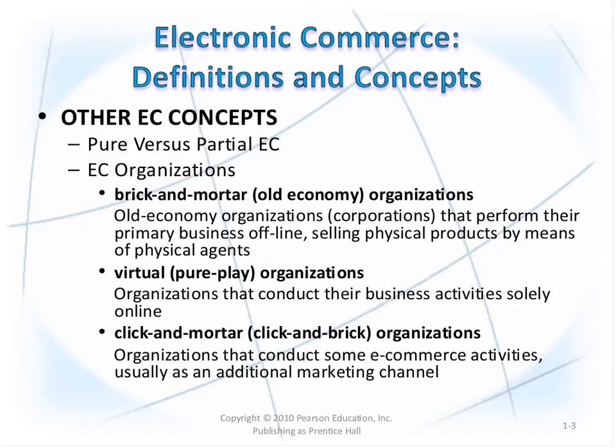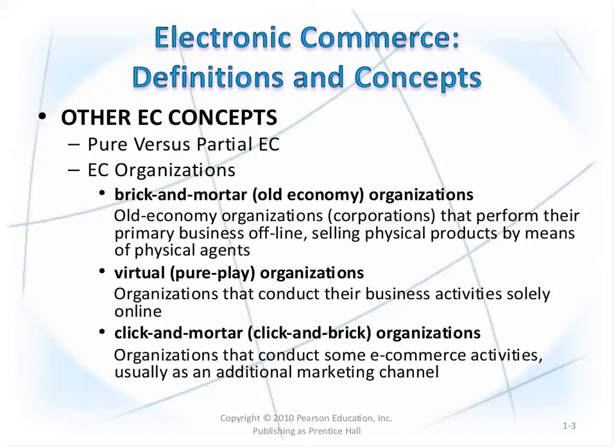But virtual or pure play organizations conduct their business activities solely online. This one is the pure one. So the first one, brick and mortar, is the traditional one. The virtual or pure play is the pure electronic commerce business.